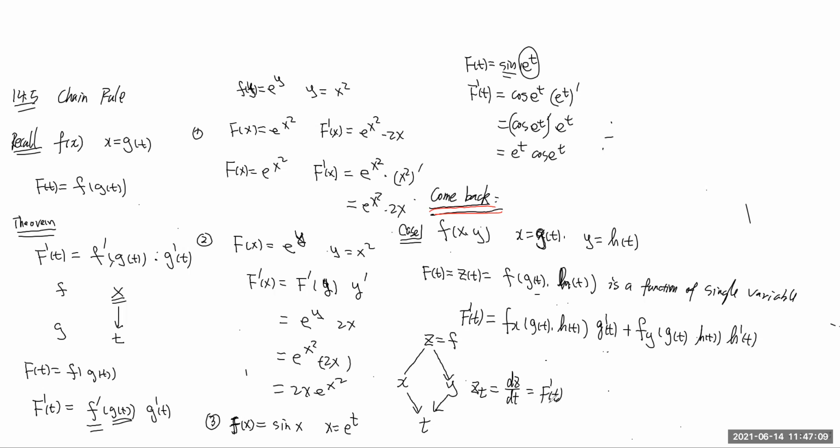All of this notation was used before. So if you want to differentiate with respect to t, you have two ways to come here. Second row: we have f_x, but here x is written as g, so you write g', this is h, and g' plus f_y h'.